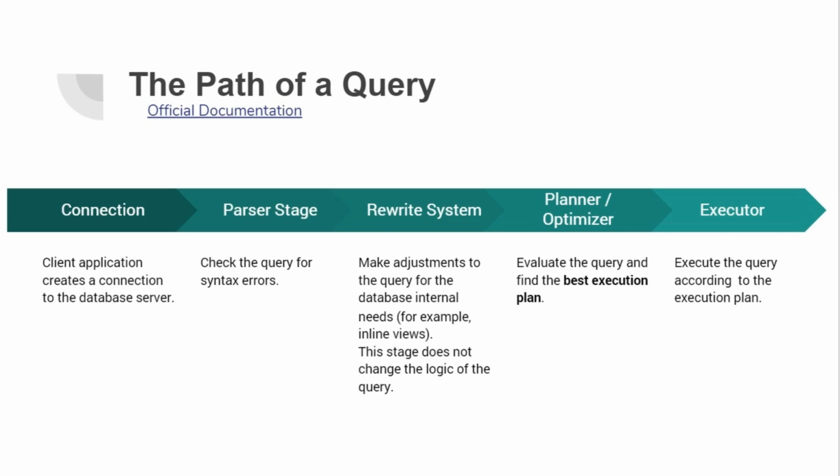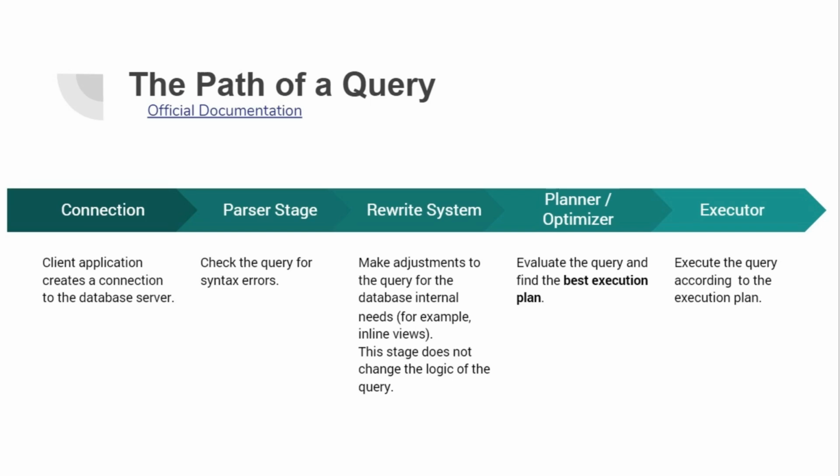Next, PostgreSQL has what's called a rewrite system. This is where things like views are inlined and converted into their SQL representation. We are not going to talk about this stage at all because this is mostly technical stuff related to Postgres itself. Next, the database moves the query onto the query optimizer to plan.